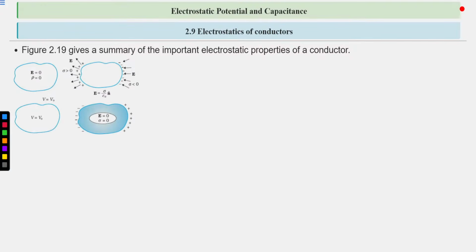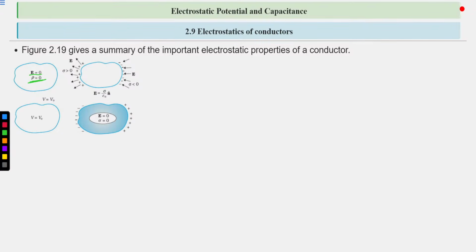So figure 2.19 gives the summary of the important electrostatic properties of a conductor that we discussed. All the properties are summarized here. So electric field is 0 inside the conductor, volume charge density is 0, no charge is present inside the volume of the conductor, and electric field is also 0 throughout the volume.